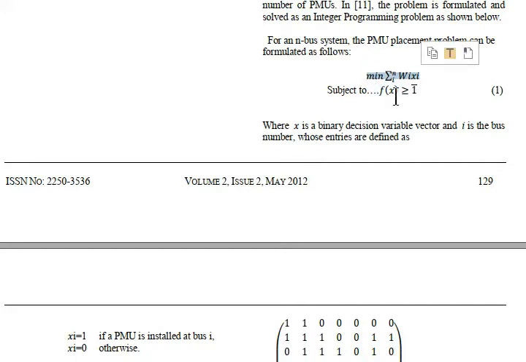If with the help of 3 PMUs our system is observable, meaning the constraint that the system is observable is satisfied, then those are the minimum possible. For example, in the IEEE 14 bus system, a minimum of 3 PMUs are required for the observability of the system. So the summation of those Xi's will be 3, subject to all the system buses being observable.